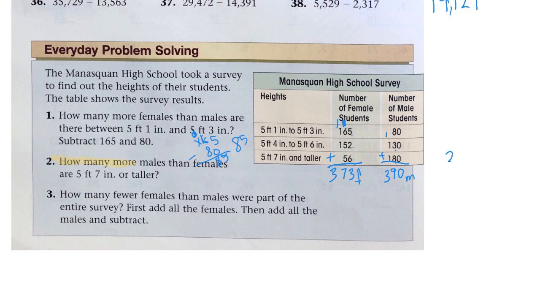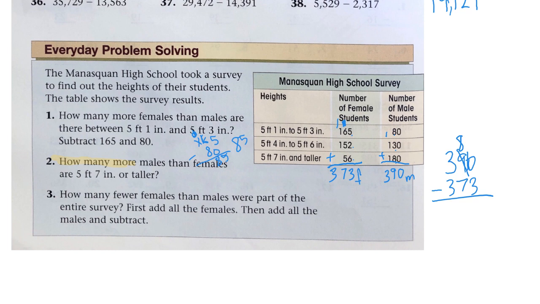Now we can take the males and subtract the number of females. We can't take 3 from 0, so let's regroup this. Instead of 9 10s, there's 8 10s. Give one of those 10s to the 0 to make it 10.